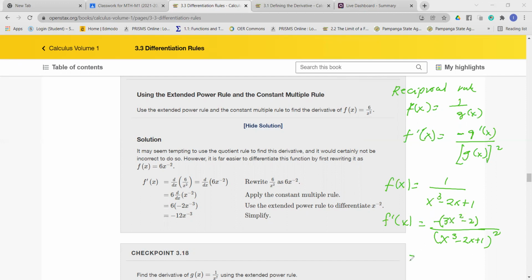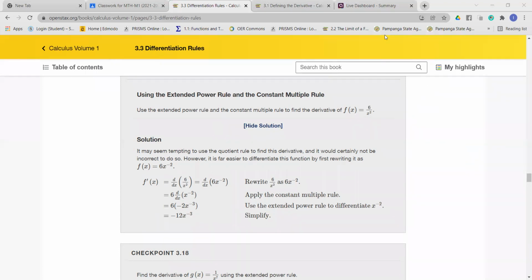I can distribute the negative: this becomes negative 3x squared plus 2 all over x cubed minus 2x plus 1 squared. So this is what you call the reciprocal rule. Those are the basic rules for differentiation.